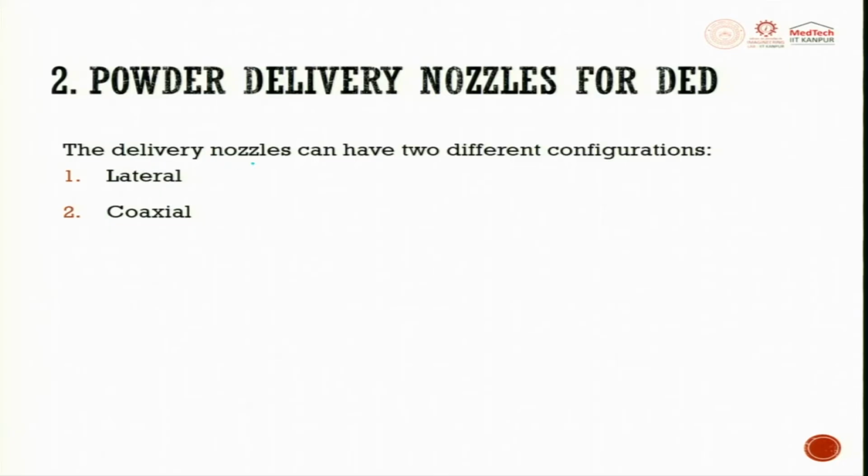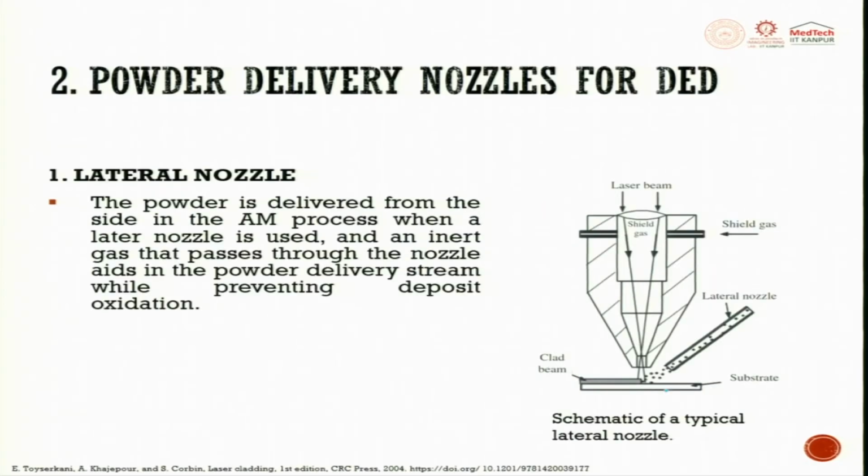The delivery nozzle: so, hopper, and then attached to it is the nozzle. The delivery nozzle can have two different configurations, one is lateral, another one is coaxial. This is what is very commonly used, the lateral nozzle.